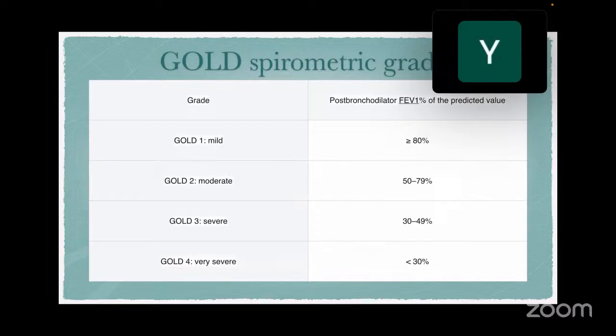If the patient has 0 to 1 exacerbation, this is class A and B. If the patient has 2 or more exacerbations, this is class C and D. If the patient has no hospitalization, this is A and B. If the patient has been admitted in their life due to COPD, this is class C and D. So we ask the patient when was the last time in the hospital due to COPD. It depends on the history: how many exacerbations, how many hospitalizations, and what caused these exacerbations.